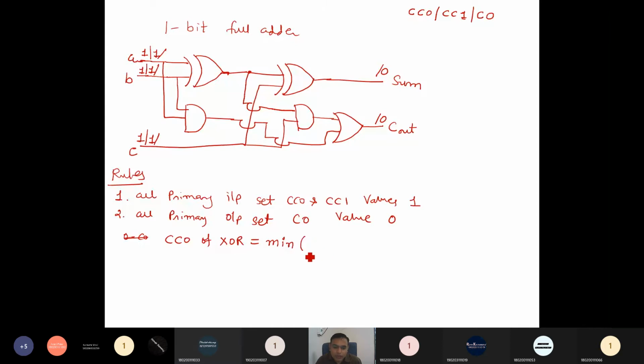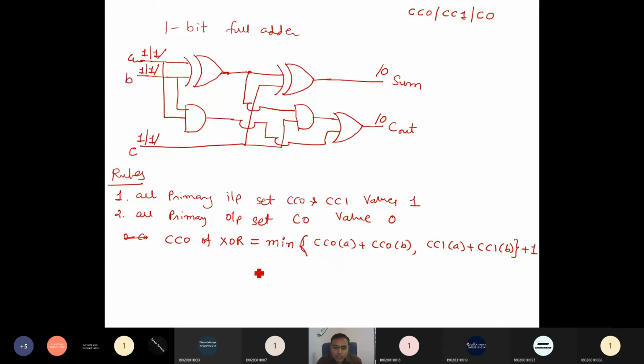So it is the minimum of CC0 of its input A, let's say this is the A input and B input, so CC0 of A plus CC0 of B, or CC1 of A plus CC1 of B, right? We take the minimum of these two to calculate the zero controllability of the output of the XOR gate. So the output of the XOR gate is 0 if both inputs are 0 or if both inputs are 1. Right? Plus 1.